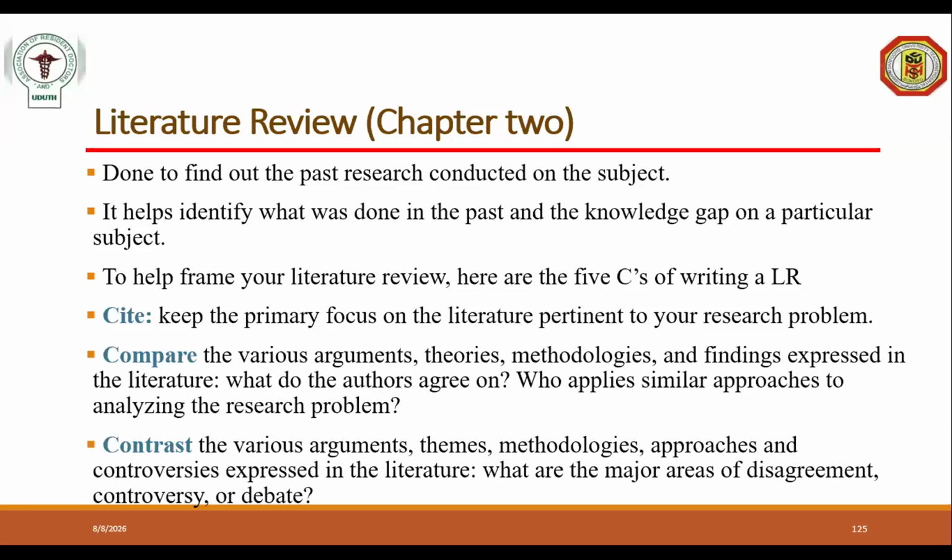Then 2.1, you can start with a general overview of the main topic. For example, if you are working on the disease TB, you make a review on TB, an overview of TB. Or if you are working on waste management, you can have an overview of waste management.